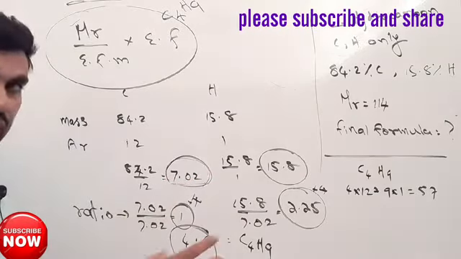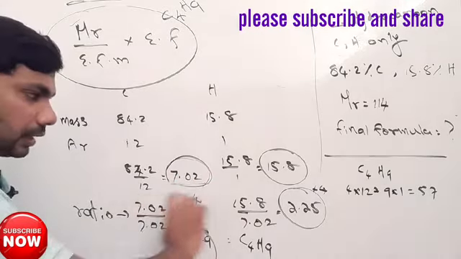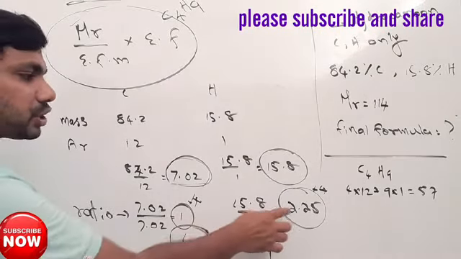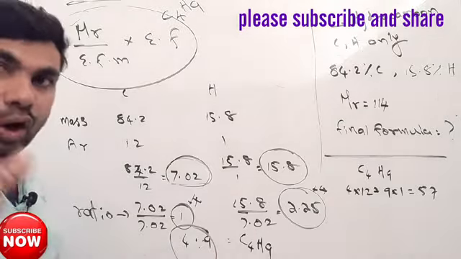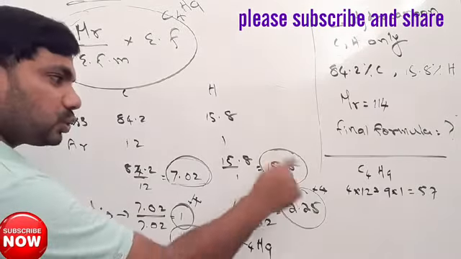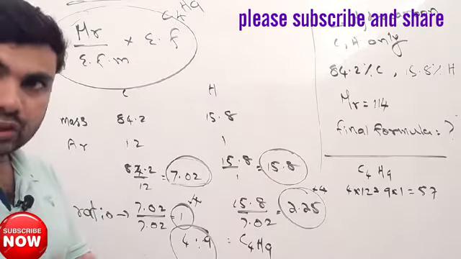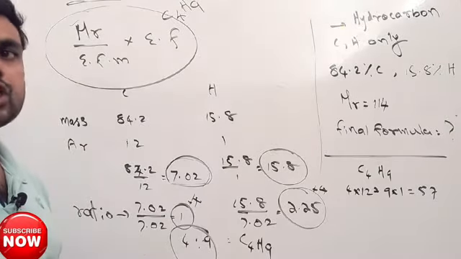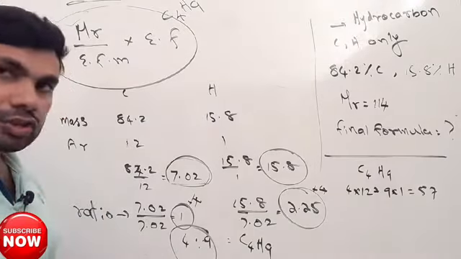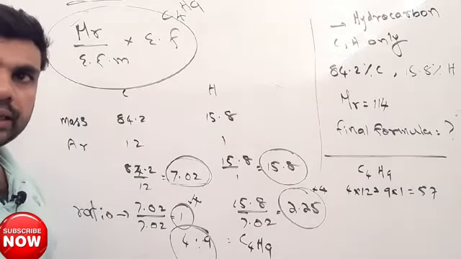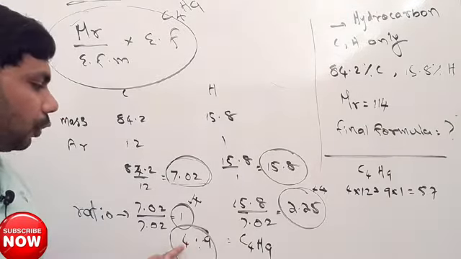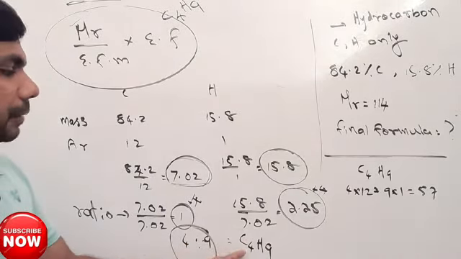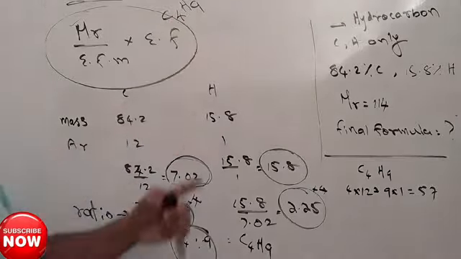To remove the fraction, take the lower number and divide all. Again there is a fraction, so you multiply with a common number. Why did I choose 4 here? You try with 1, 2, 3 and you get fractions. After trying 1, 2, 3, try 4, and you will get 4 and 9. Now there is no fraction, so the empirical formula is C4H9.